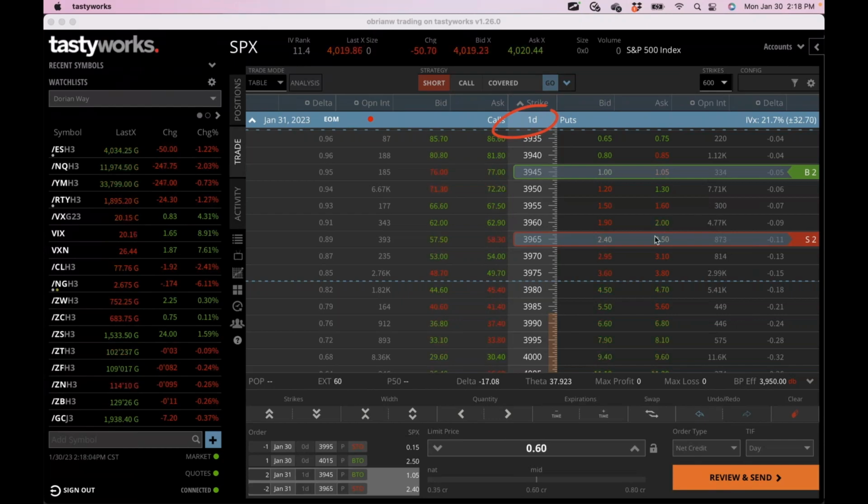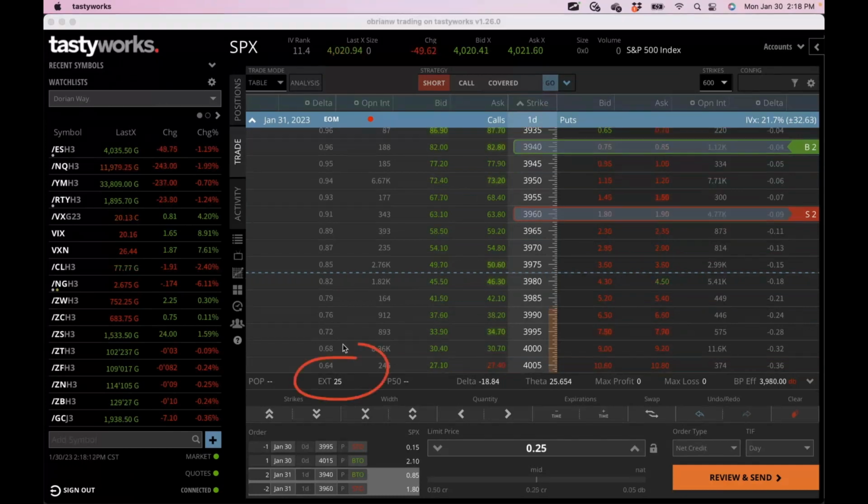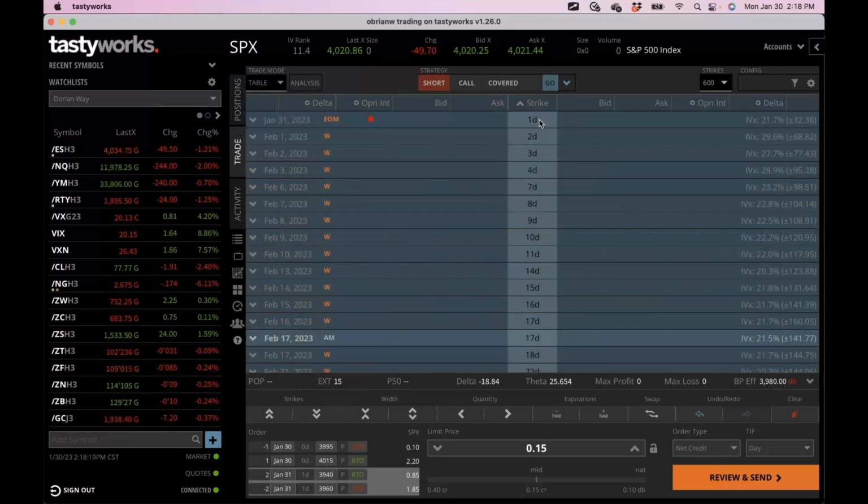So if we move this down, maybe we can even go to a 9 delta here. Technically, after fees and commissions, we probably break even. We can actually go to this 9 delta.